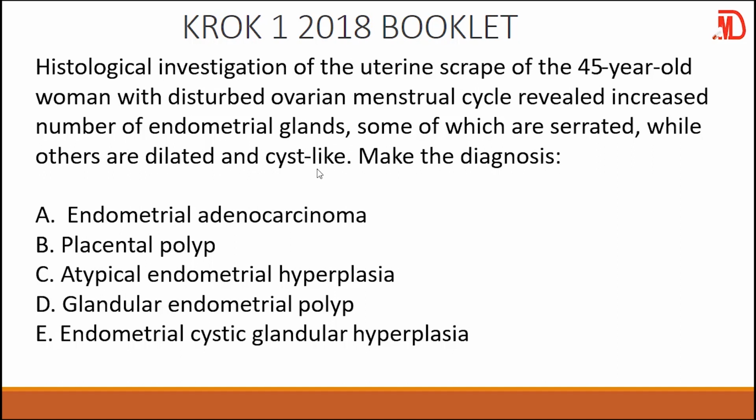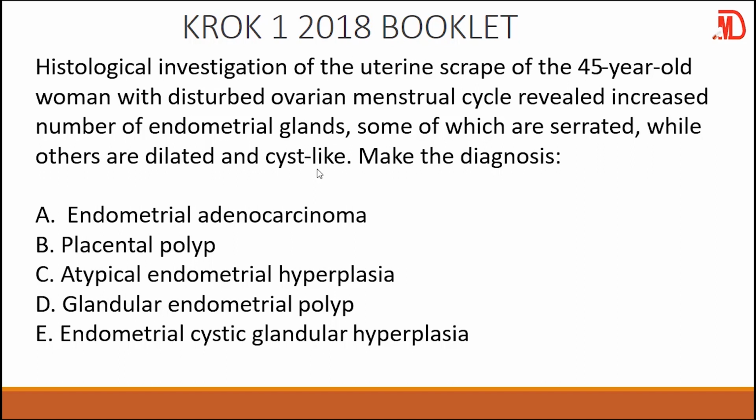Make the diagnosis. Now, this is actually referring to endometrial hyperplasia, which is a condition of excessive production of the cells of the endometrium, or the inner lining of the uterus, or its glands. The presence of cysts makes it endometrial cystic glandular hyperplasia.